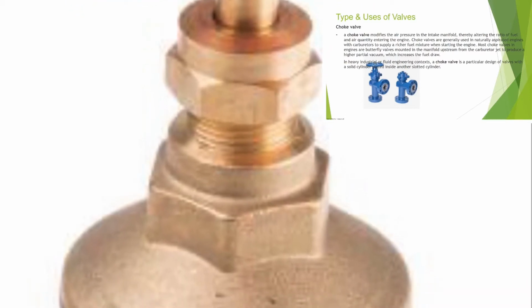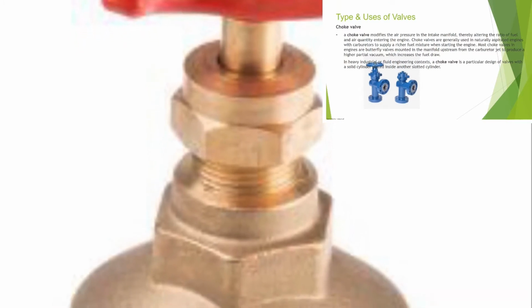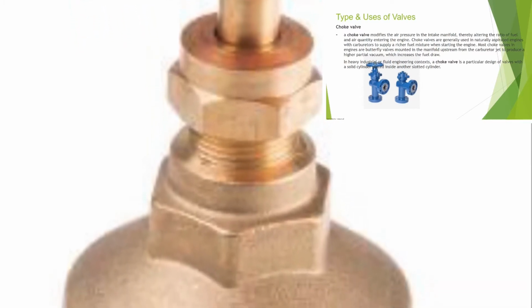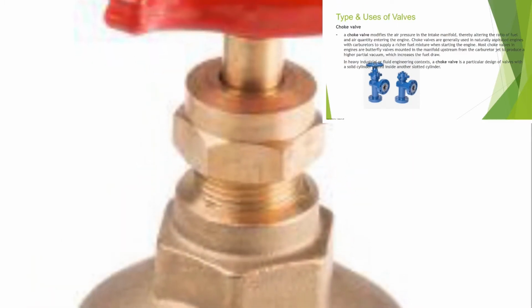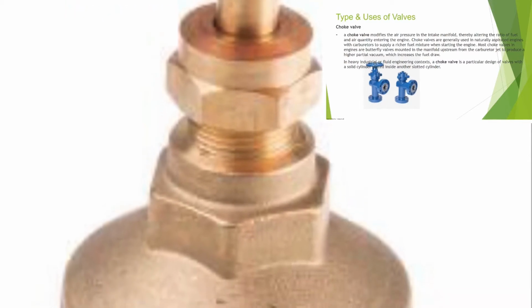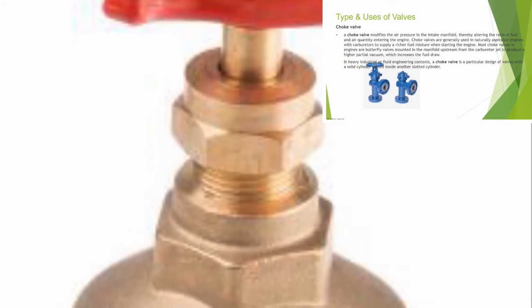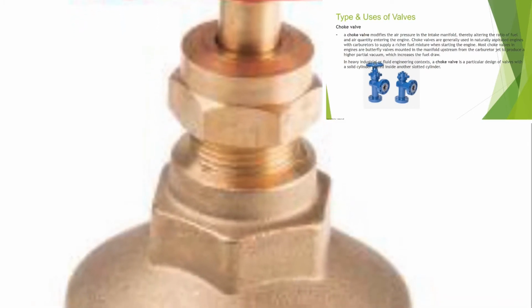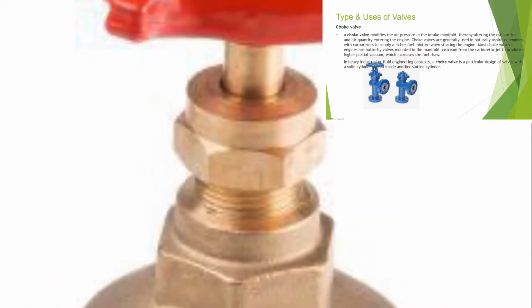Choke valves are generally used in naturally aspirated engines with carburetors to supply a richer fuel mixture when starting the engine. Most choke valves in the engine are butterfly valves mounted in the manifold upstream of the carburetor jet to produce a higher partial vacuum, which increases the fuel draw.